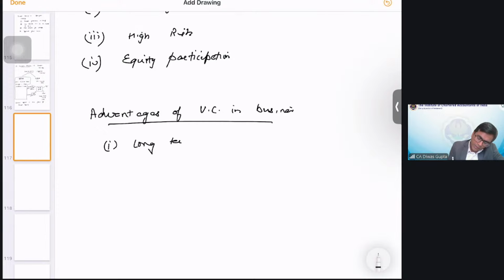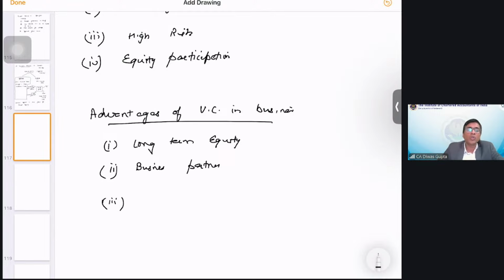You get a long-term equity because you're getting an investment for long-term purposes. The venture capitalist also becomes the business partner, right? Why? Because they are also invested into the business and hence they share all the risks and rewards. So they are the business partner to the business.